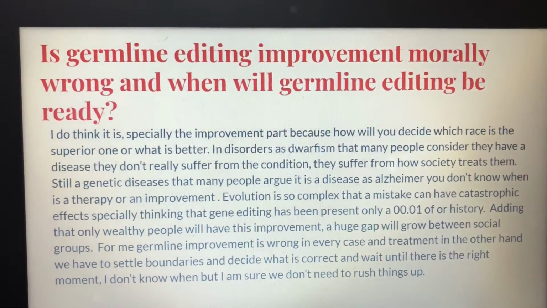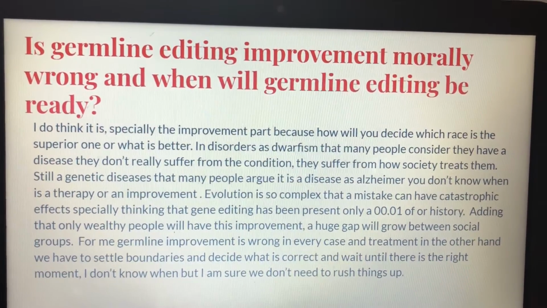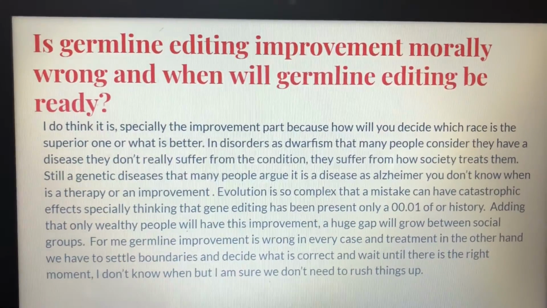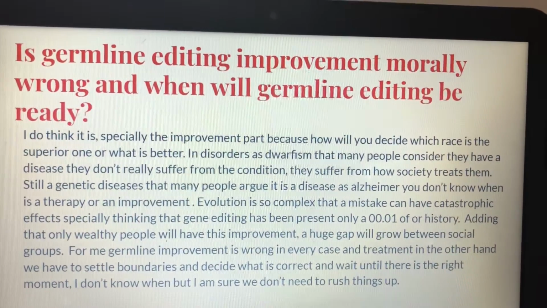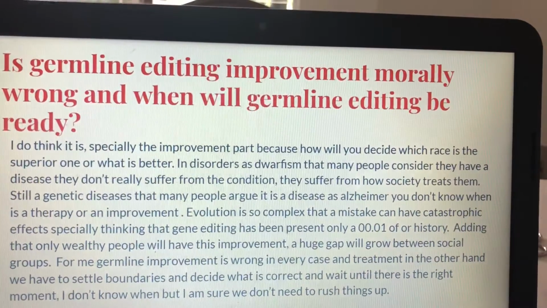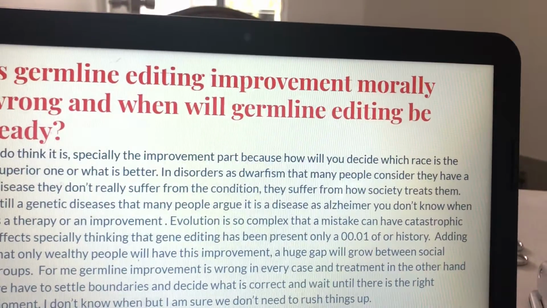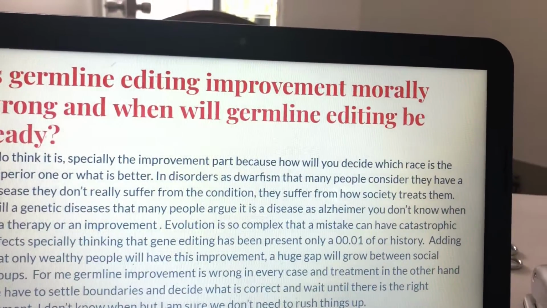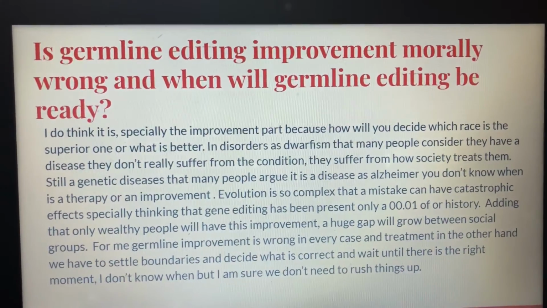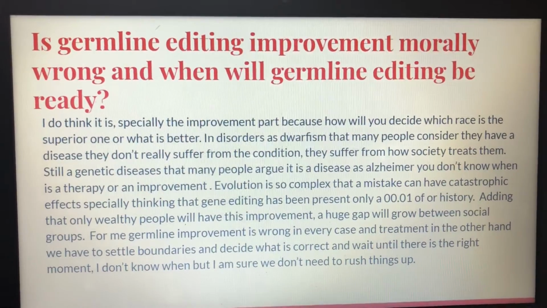Still, there is a genetic disease that many people argue is a disease, such as Alzheimer's. You don't know when it's a therapy or an improvement. Yes, the line between therapy in germline editing and improvement is very thin, or very blurry. Because you'll never know whether height is an improvement or a therapy.